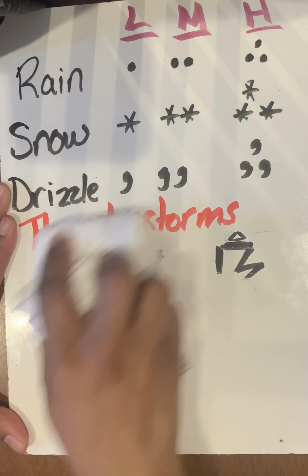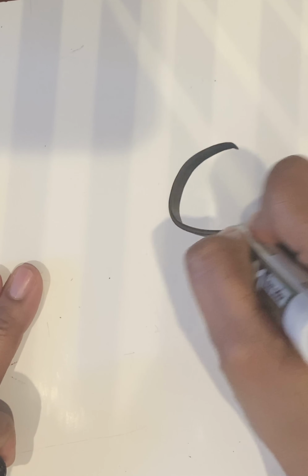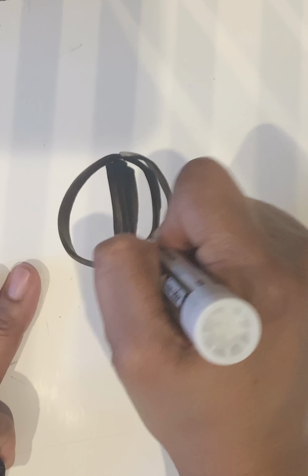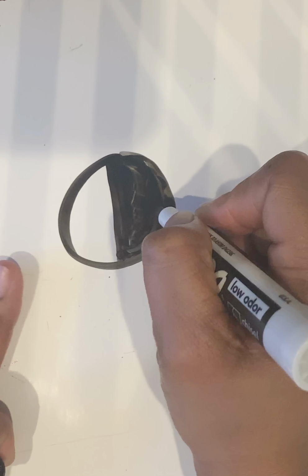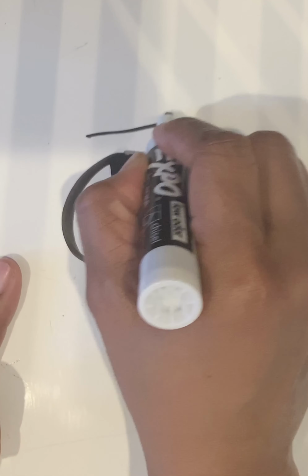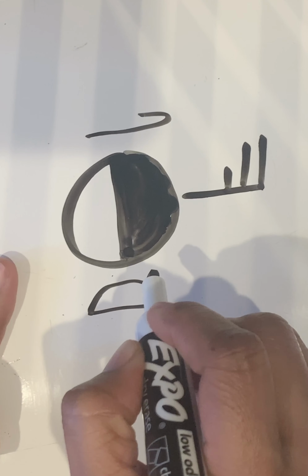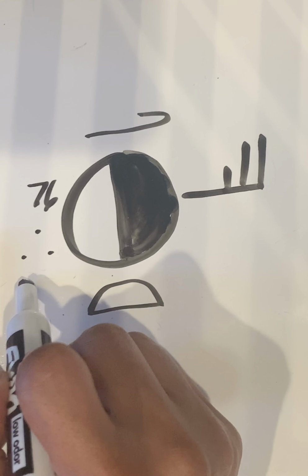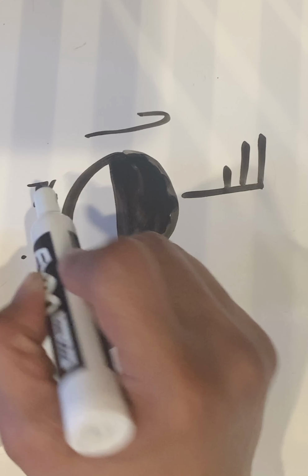So let's go back to our original station model. Let me erase this here. Let's do a couple of examples. All right. So our original station model was like this, right? That's a 6.